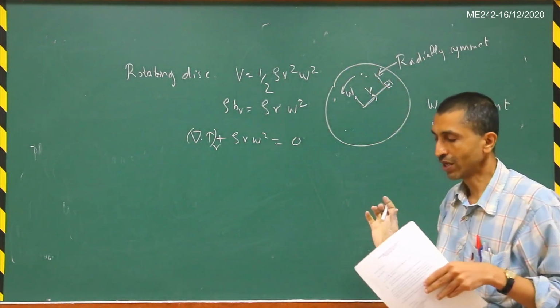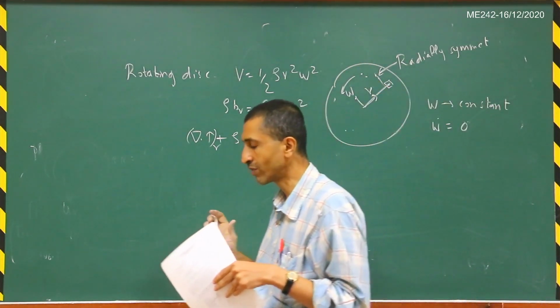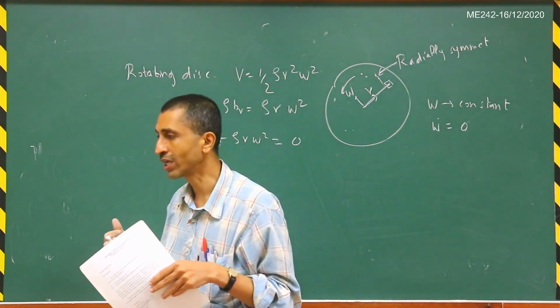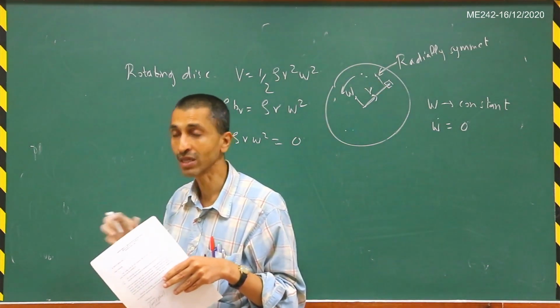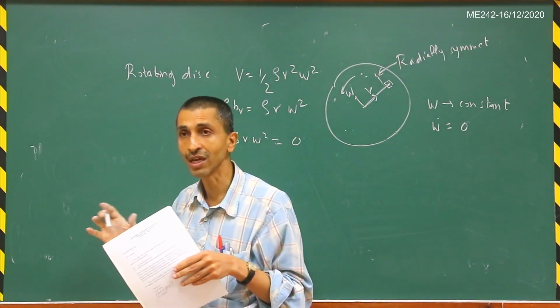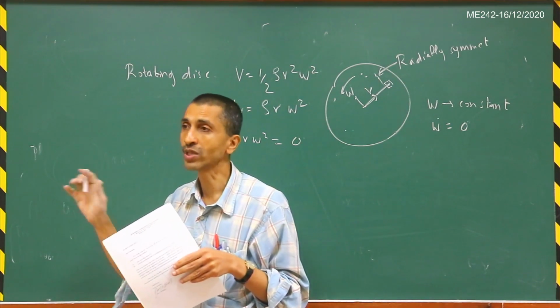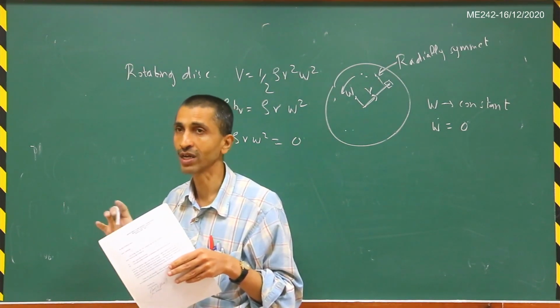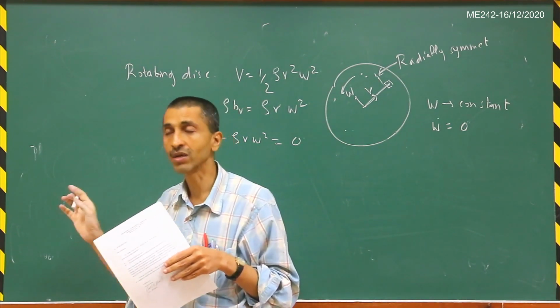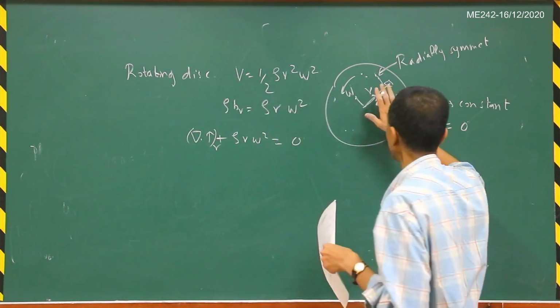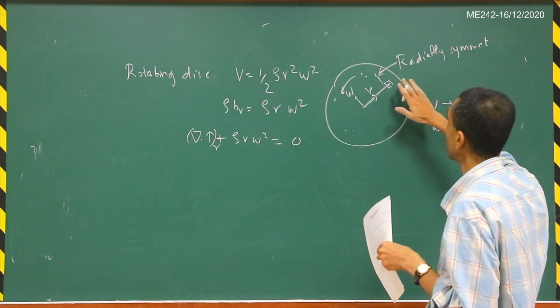If in the beginning the disk suddenly starts rotating, there will be a u theta component, but we are assuming that there is internal damping in the material, so that u theta goes to 0 over time, and things have reached some steady state.